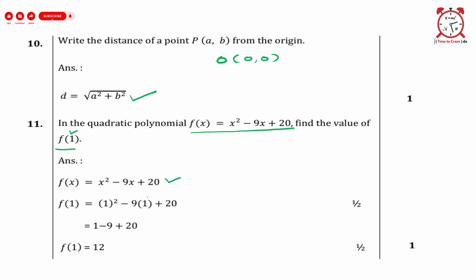Now as in the beginning we had discussed, as per the examiner's point of view, we have to write all the steps properly here. This is a 1 mark question, but we have to show all the steps properly, appropriately. So first we will write the polynomial, then we will keep the value properly, then deal with the integers, addition and subtraction, and then we will get f(1) equal to 12.